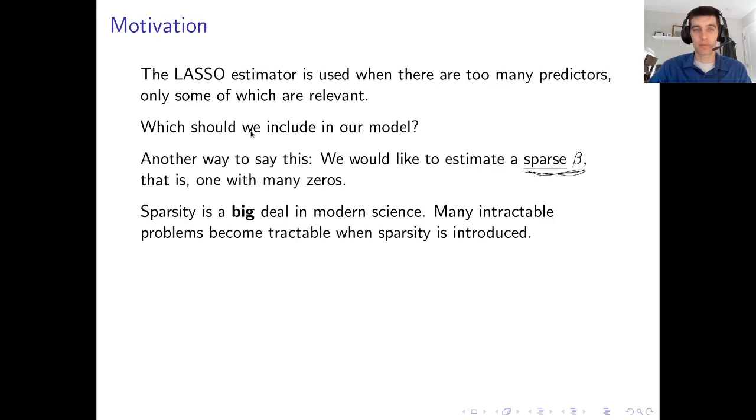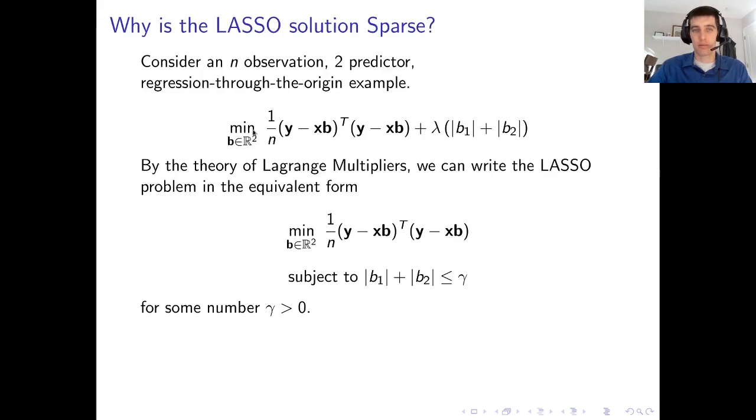Okay. So we're going to consider just a two predictor setting. Okay, so a two predictor regression through the origin example. This is just for simplicity because the intuition will carry over. So we have n observations and two predictors, and of course the LASSO estimator is we are minimizing mean squared error.